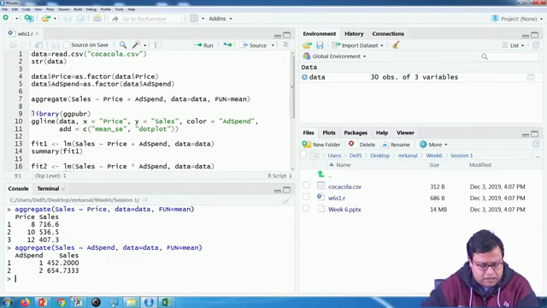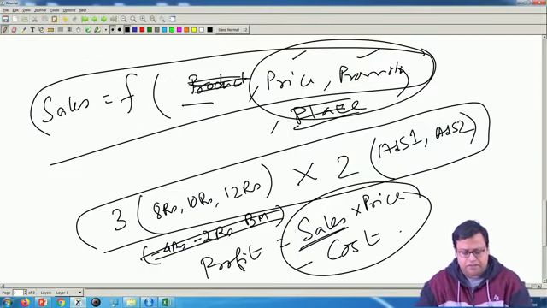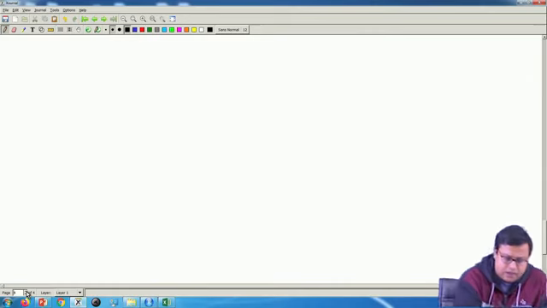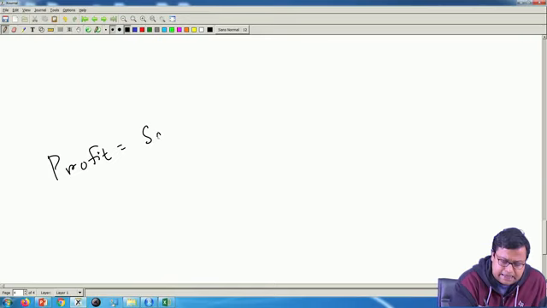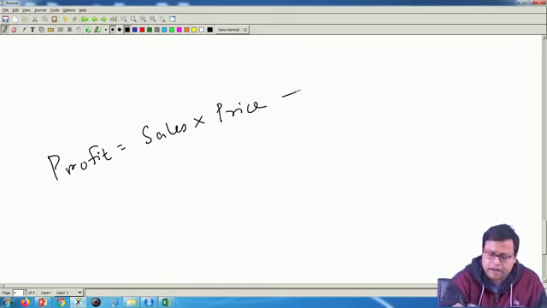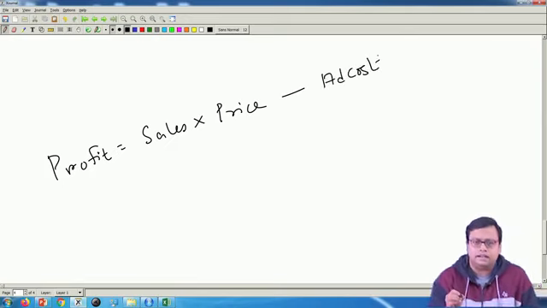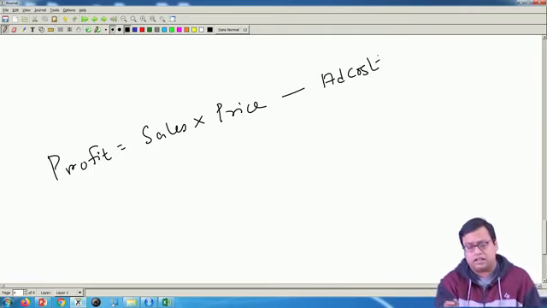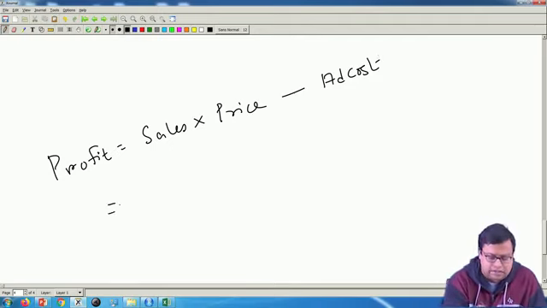So, in this equation, profit is equal to sales into price minus ad cost, assuming that sales promotion does not have any cost. Right now, we are assuming that there is no extra cost other than the loss of revenue from the sales promotion.